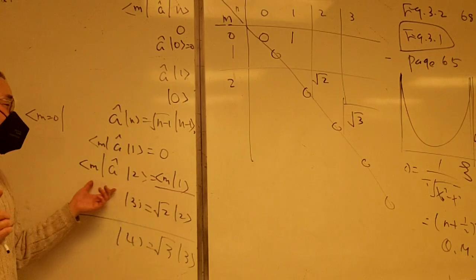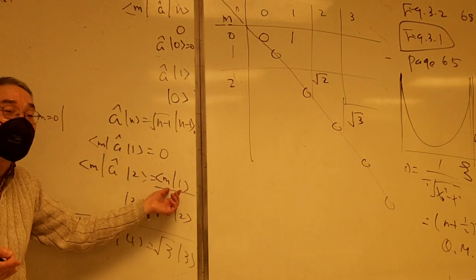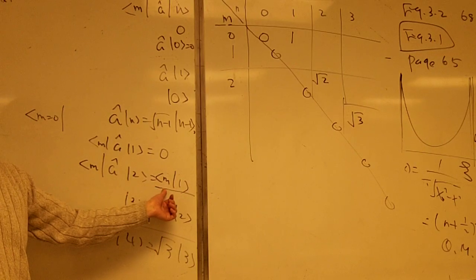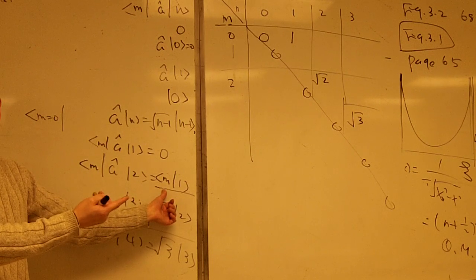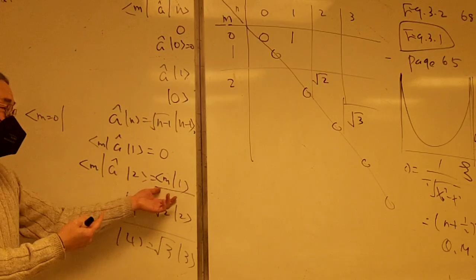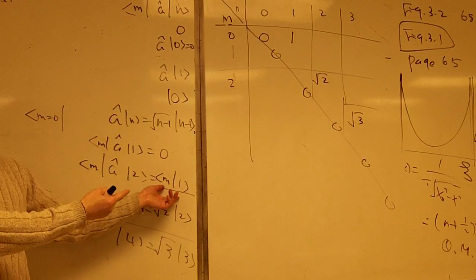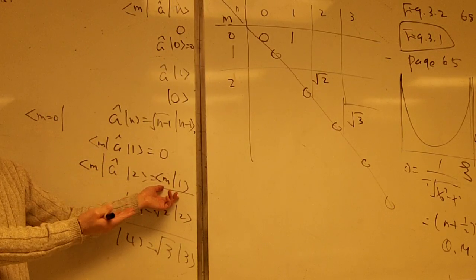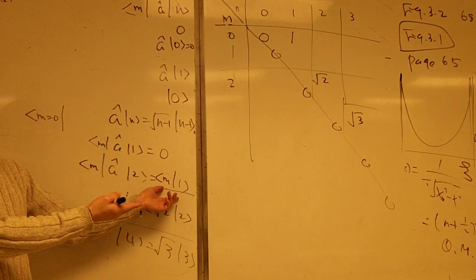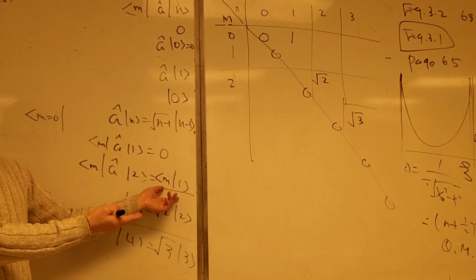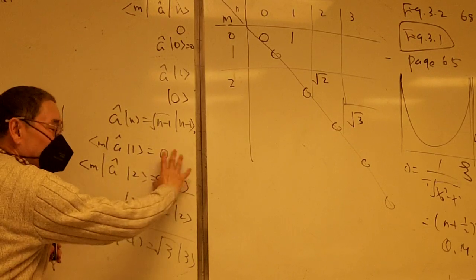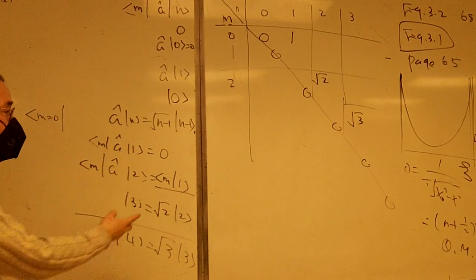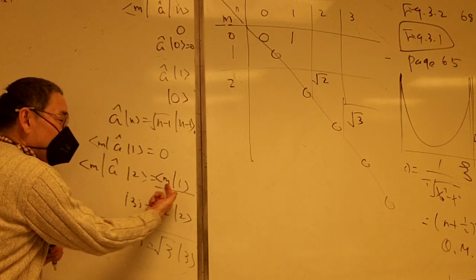If this expression is non-zero, the only case it's true is m equals 1. If m equals 2, the orthogonality gives you 0. So the only way that this term can survive is m equals 1. There's no other way. Are we good? Whenever this term comes out non-zero, the only way is m equals 1.